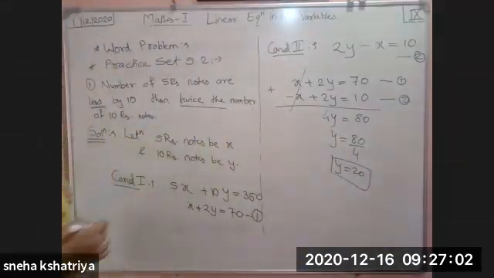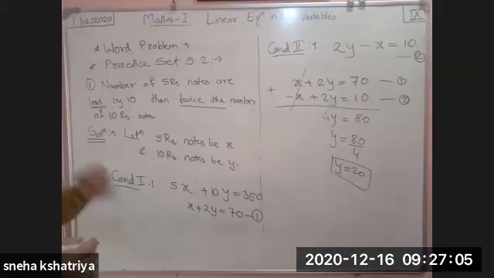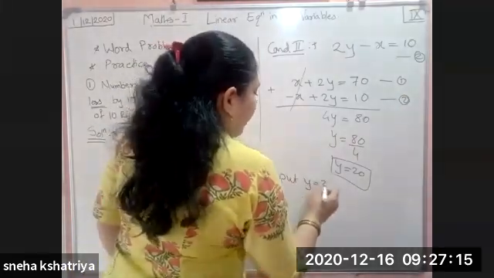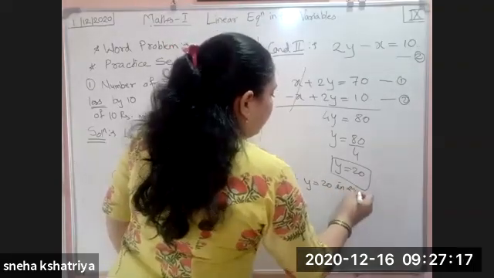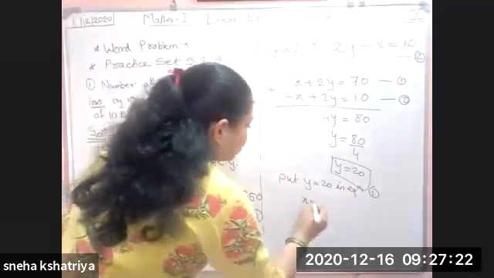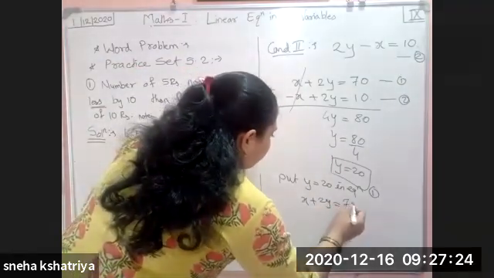We get the value of y. Put in equation 1 or 2. Whatever. Which one is easy or which one is convenient? There you can put the value. We will put in equation 1. Put y is equal to 20 in equation 1. Okay, what is equation 1? X plus 2y is equal to 70.